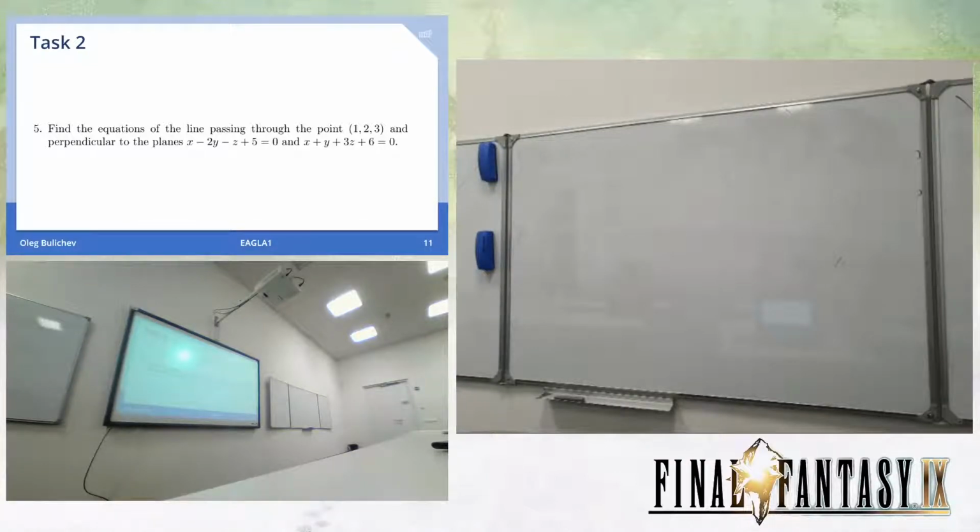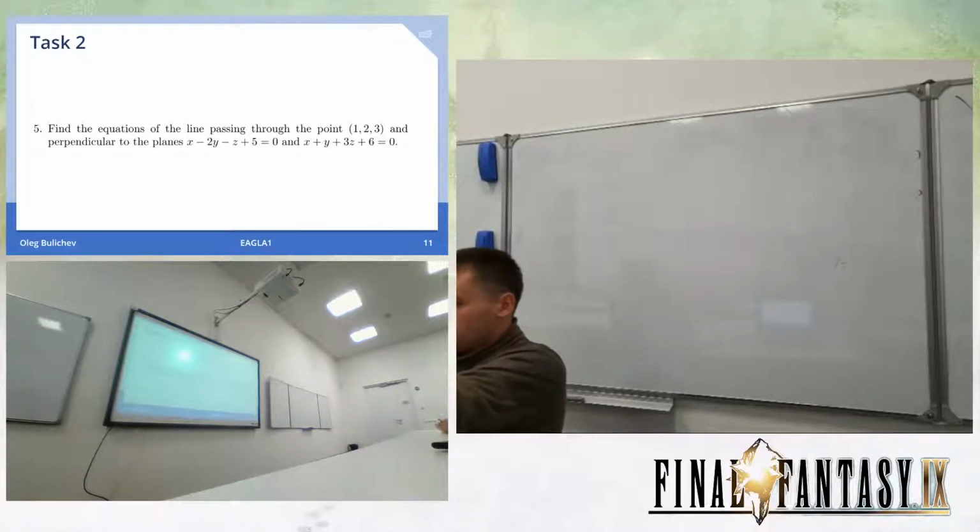How could one line be perpendicular to two non-parallel planes? I didn't get why it should be perpendicular. So you have two planes. So our point should be somewhere else, somewhere there.